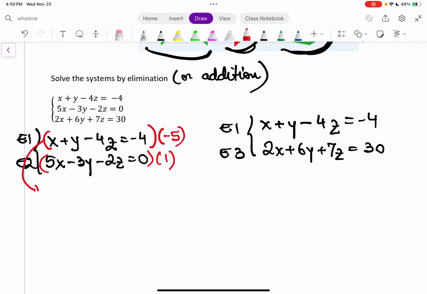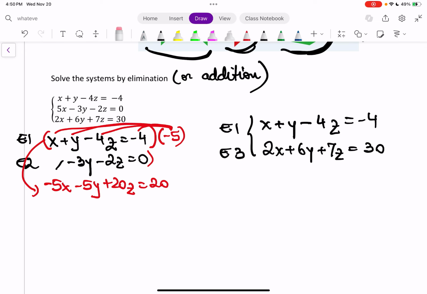So here it is. That top equation transforms into negative 5x, negative 5y, positive 20z equals positive 20. So again, the bottom equation, I'm just multiplying by 1, so it's not going to change.